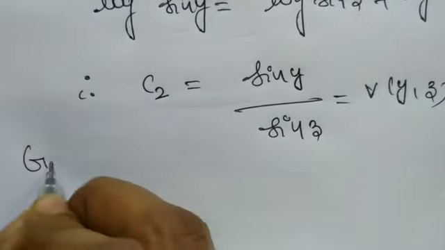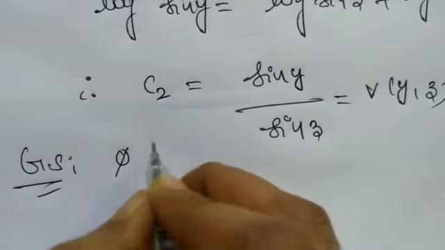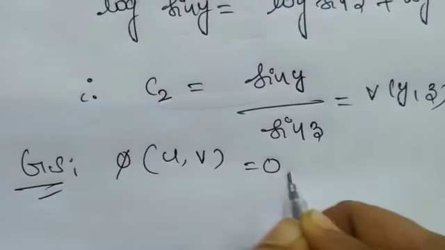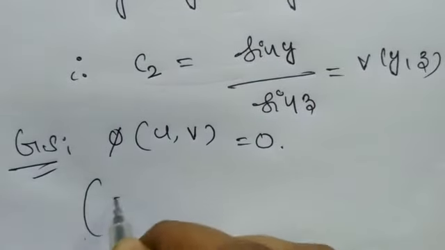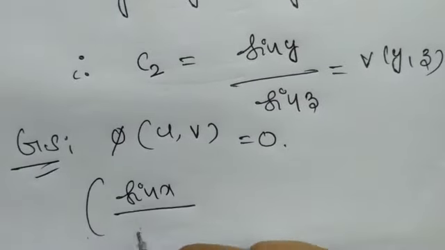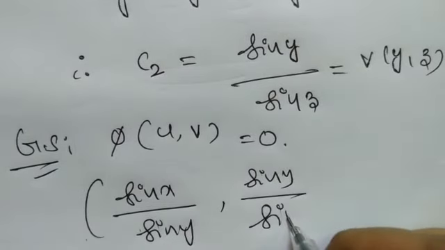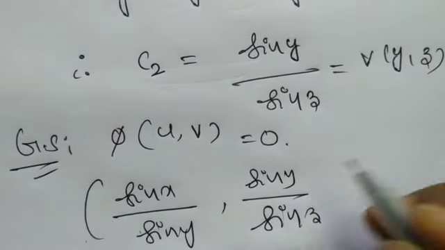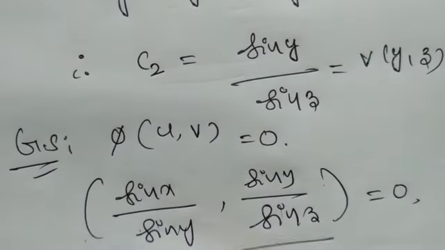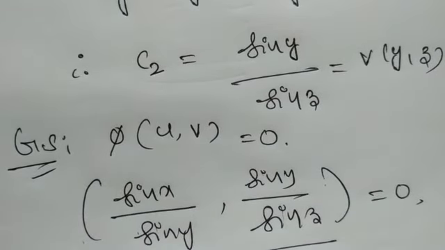The general solution is phi of u comma v equal to 0, that is phi of sin x by sin y comma sin y by sin z equal to 0. This is the general solution of the subsidiary equation.